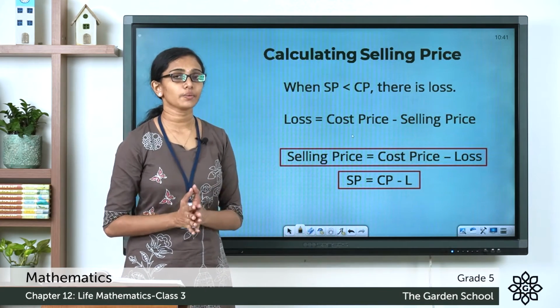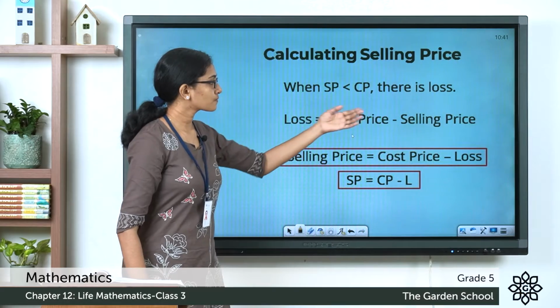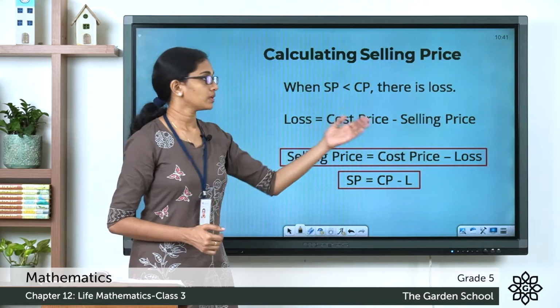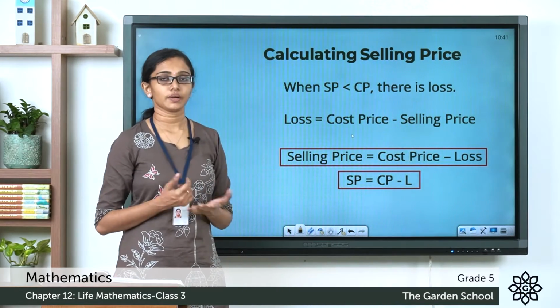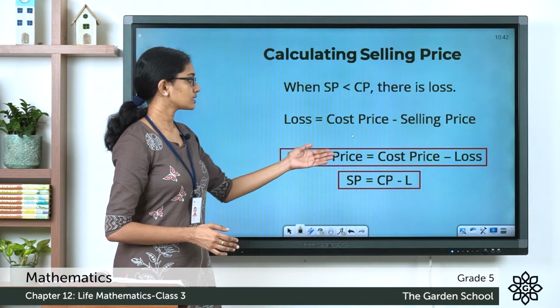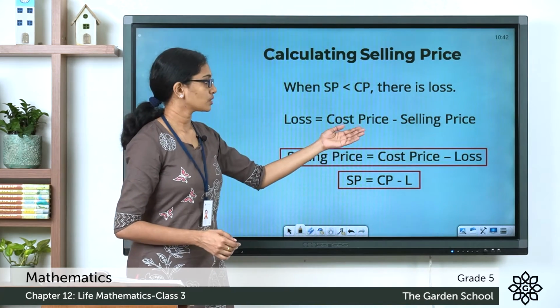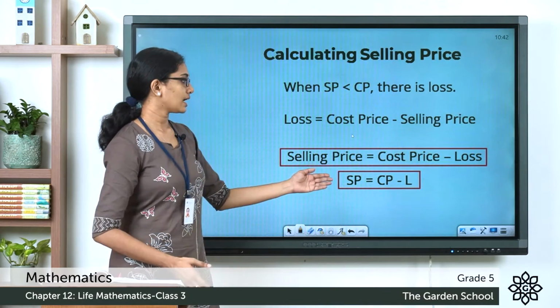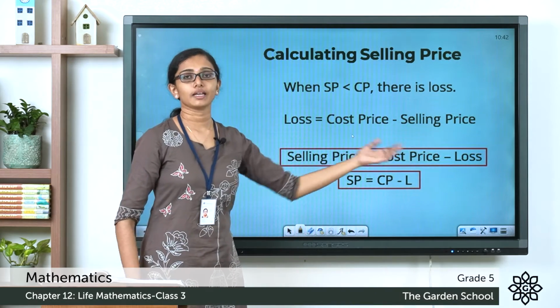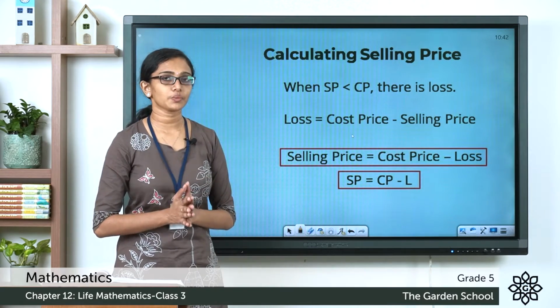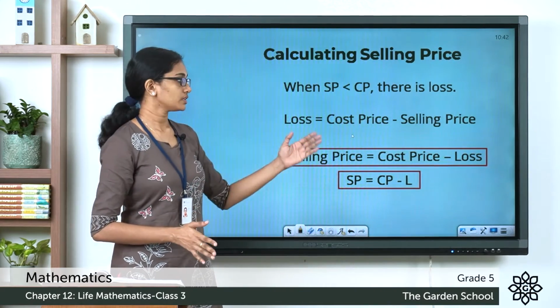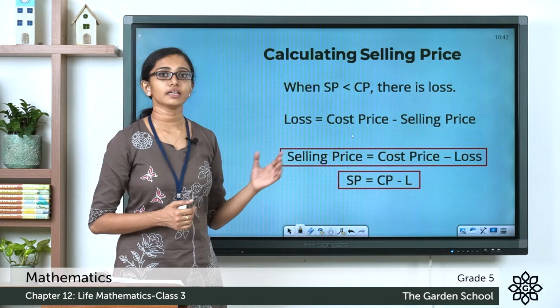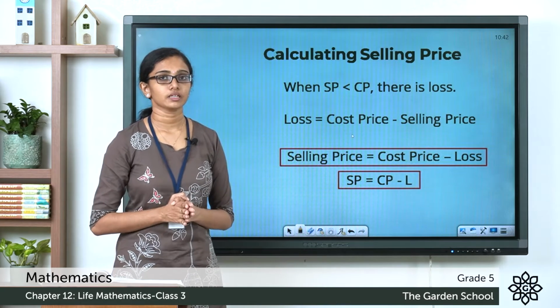So if we take away or subtract this loss from this cost price, we'll get the selling price, right? So we can use the formula, the selling price is equal to the cost price minus loss. In short form, it is SP is equal to CP minus L. So I hope you are clear with these two concepts. Make sure you have written both the formulae in your notebook and you are thorough with it.